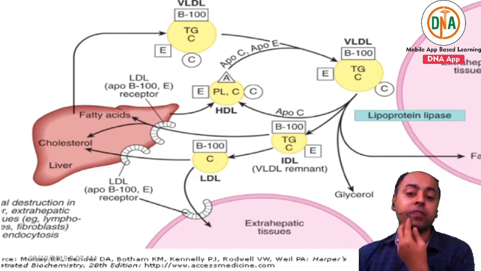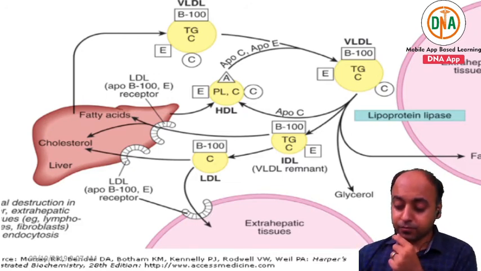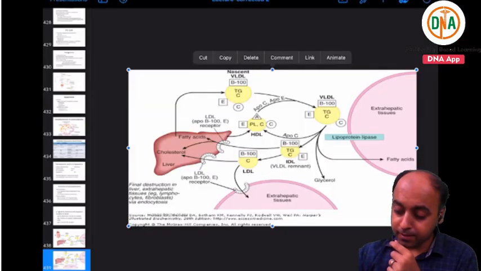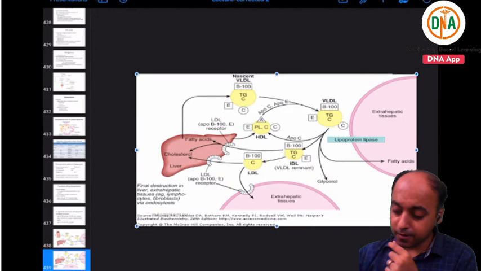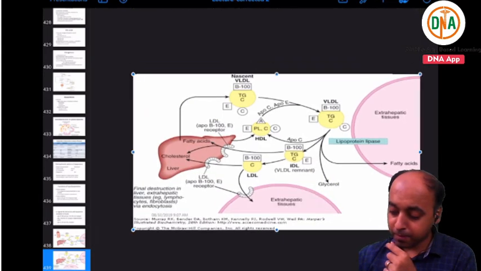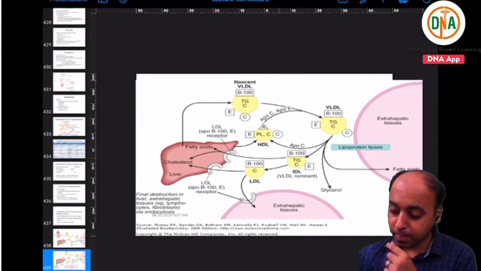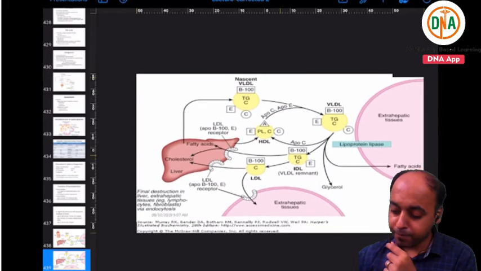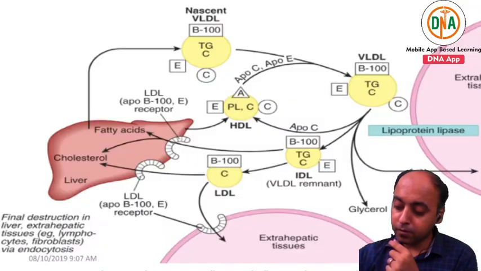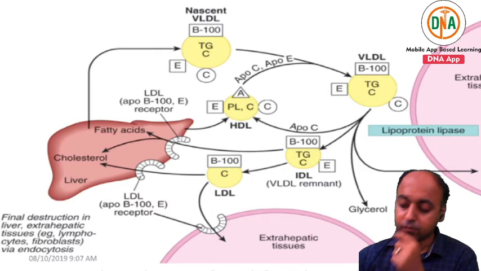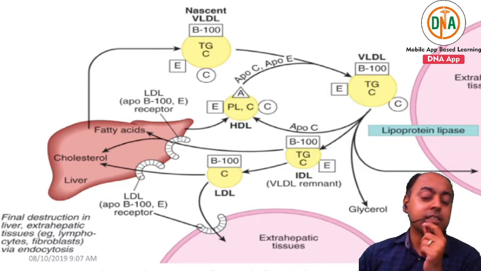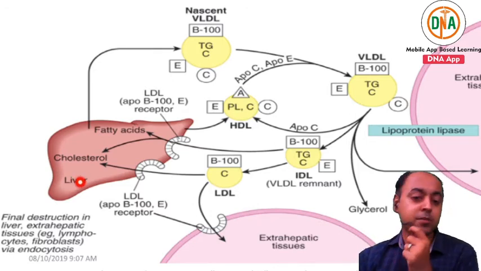First point, the VLDL is synthesized by the liver. It is not synthesized by the small intestine, it is synthesized by the liver.